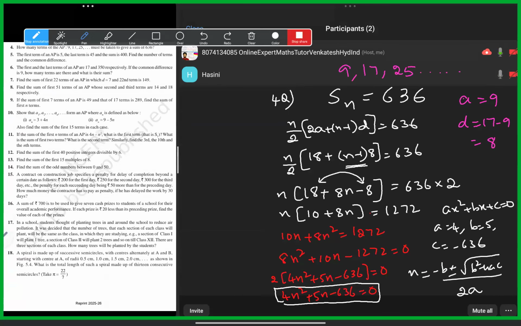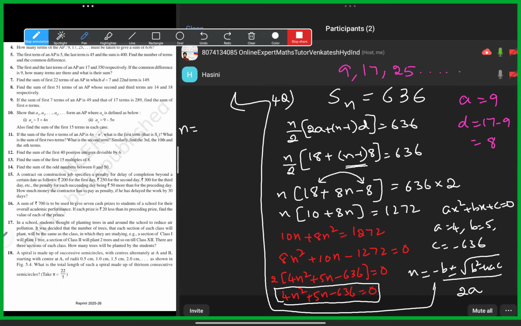I'm doing it beside here first. So n is equal to minus b.